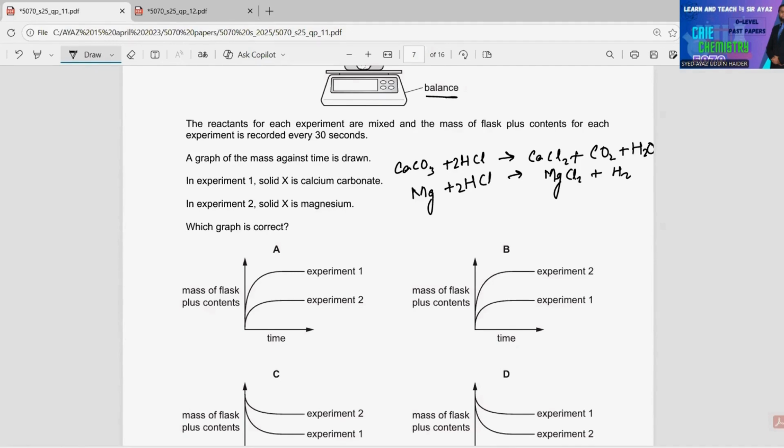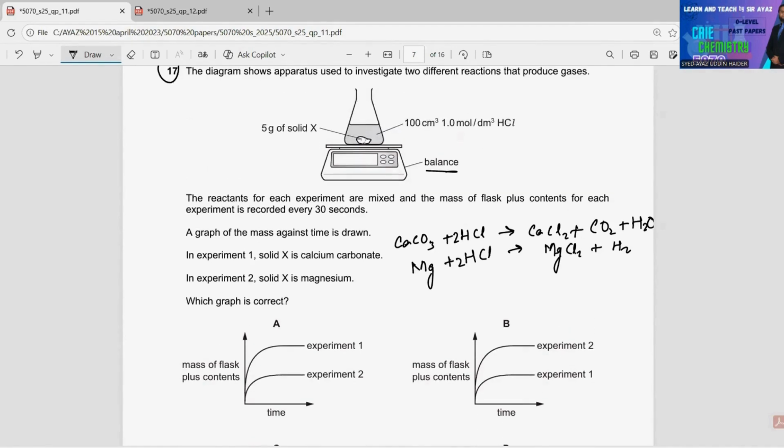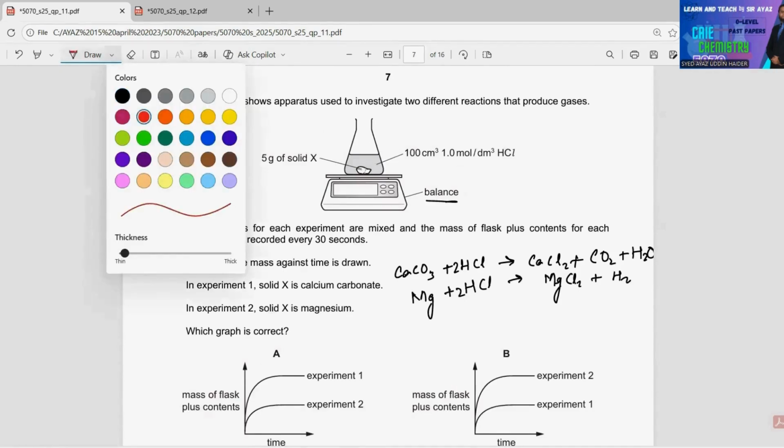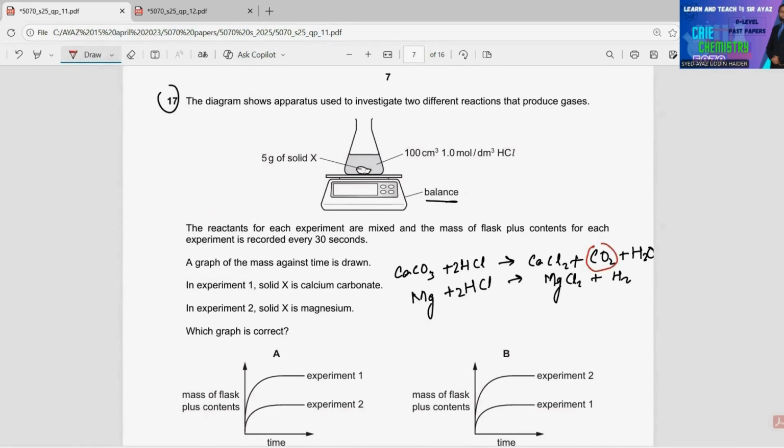So you have 2 experiments. In both the experiments, gas is produced, but in case of experiment 1, you have only one gas product. This will be released to the atmosphere. In case of experiment 2, hydrogen gas is the only gas produced.